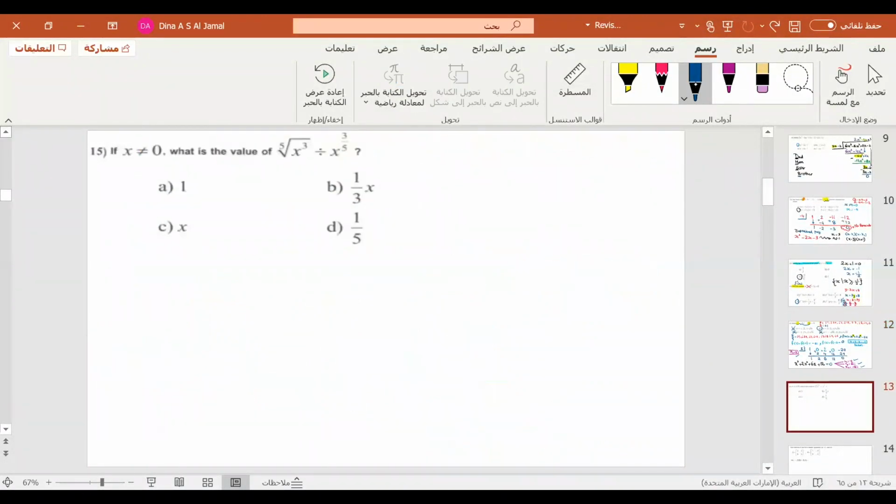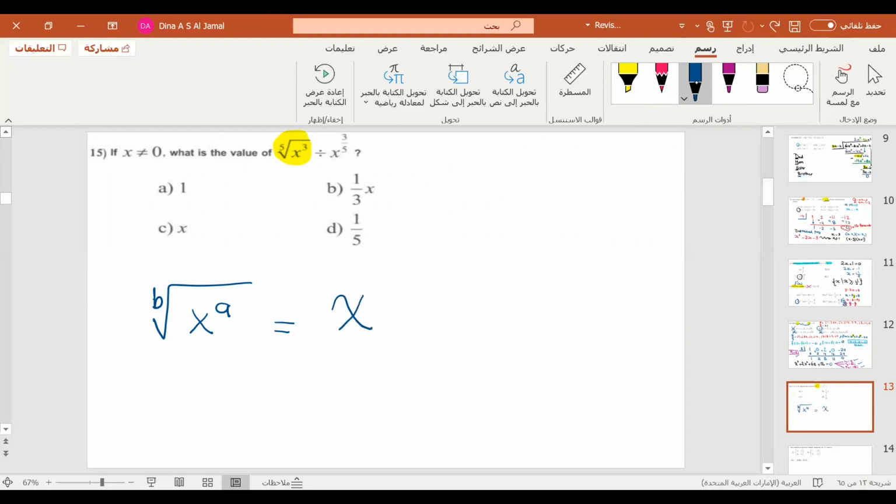Let's see this question. This question will be determining if you are focusing on the properties of the radicals or not. So it is so easy. Whenever you are having a square root, x, a, and here b, that means you can write it as a power of A over B. So let's use this square root of x cubed, 5.